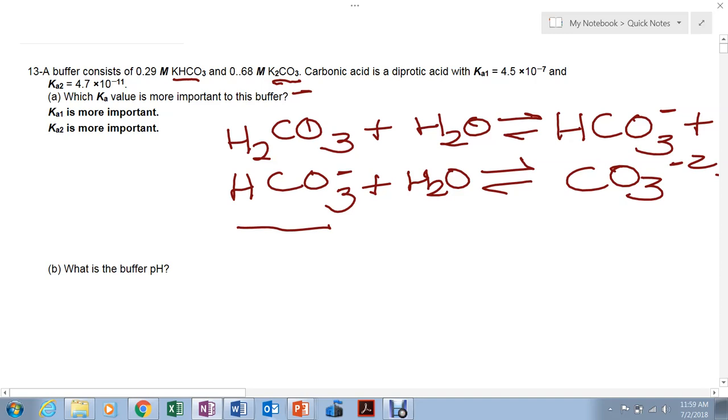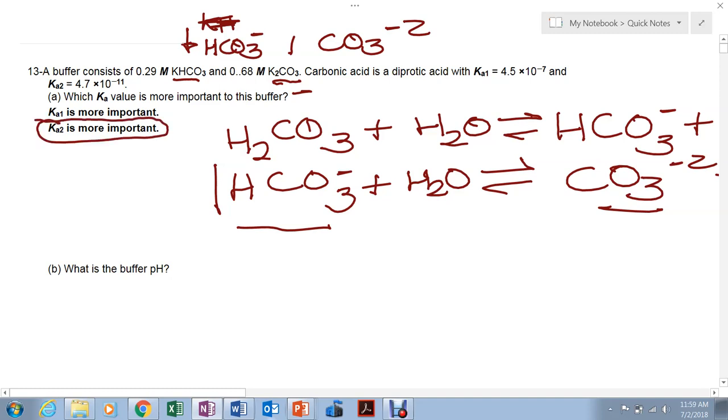And guess which one is more important? If they give me the concentration of CO3 negative 2, that's a conjugate base, and they give me the concentration of HCO3 negative 1, the most important one would be the Ka2, because that's what we're going to be working with.